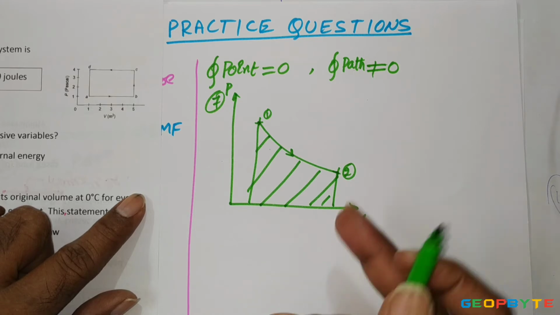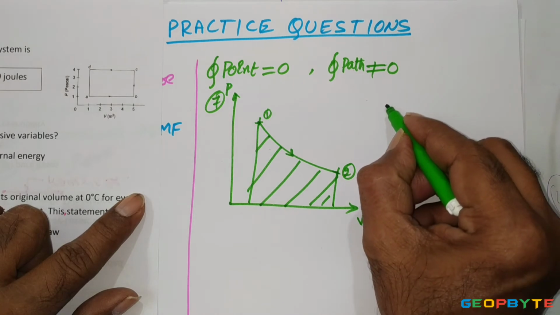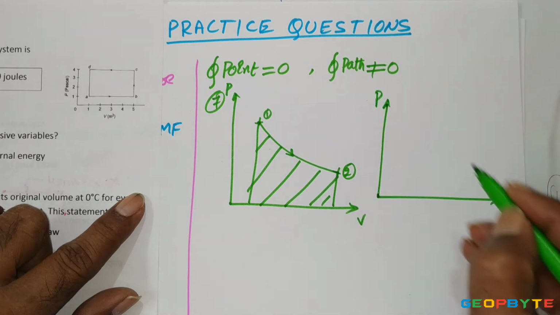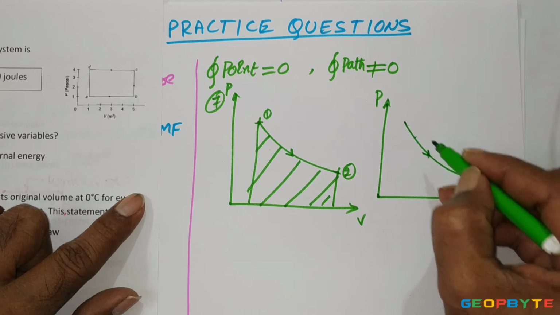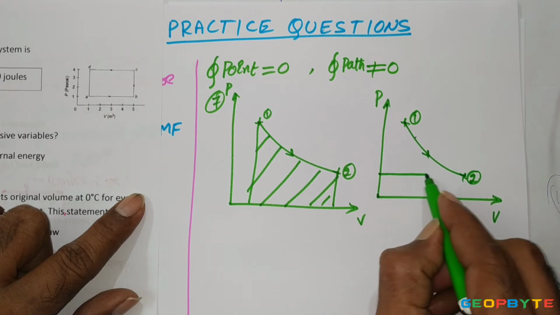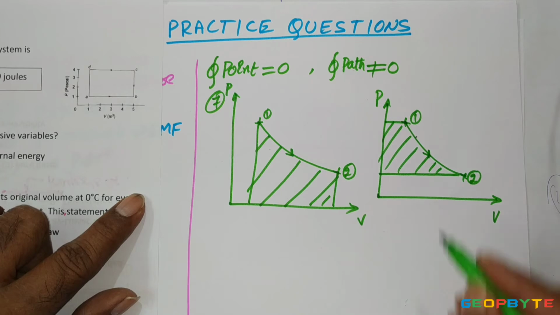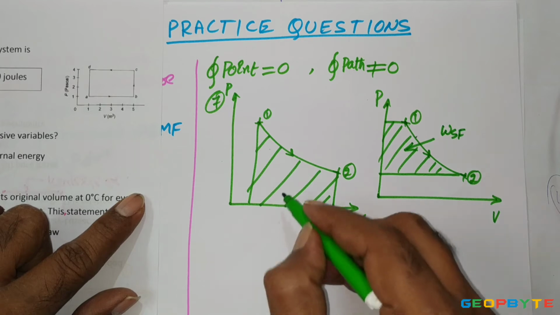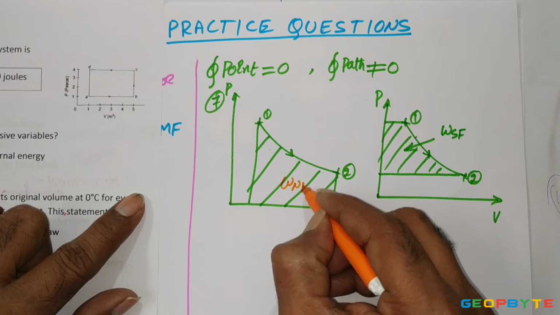If it is for an open system, the area below the PV diagram is steady flow work. So this is representing the steady flow work, and this area is representing the non-flow work.